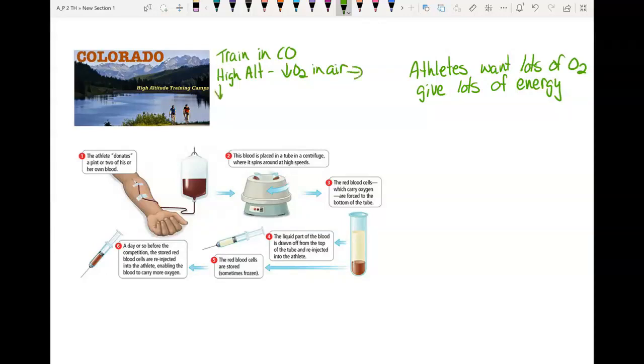That means there will be less oxygen in your blood, which will cause your kidney to secrete more EPO, which will cause your red bone marrow to make more red blood cells.